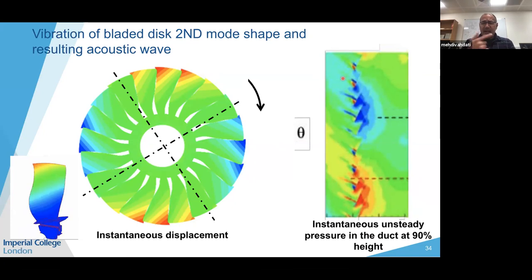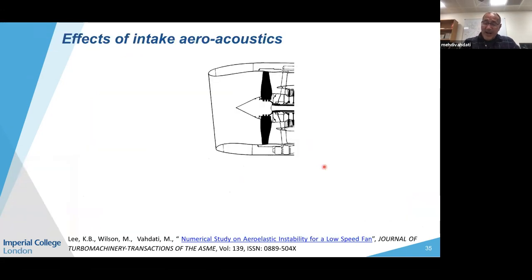The acoustics of a spiral wave are quite difficult. They are not as simple as a plane wave, because a plane wave always propagates unless your flow Mach number becomes bigger than 1. But for a spiral wave, you need to take into account the direction of the wave and so on. So these waves now propagate down the intake duct. And what happens?